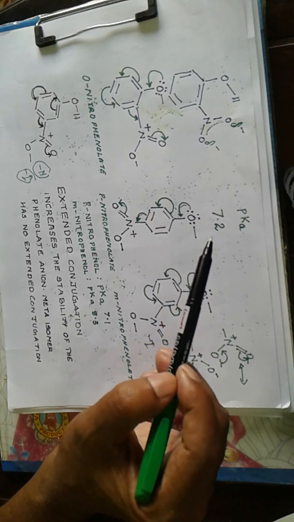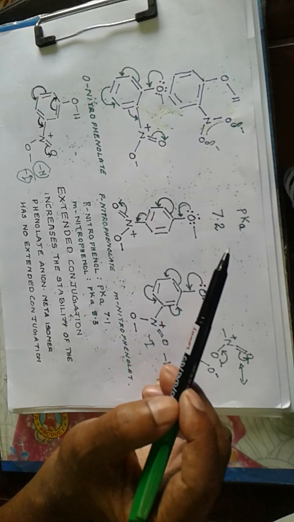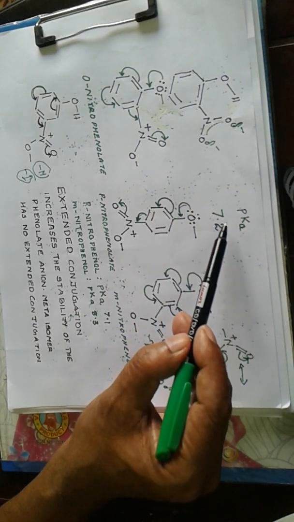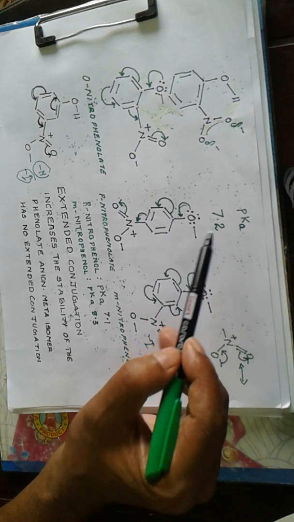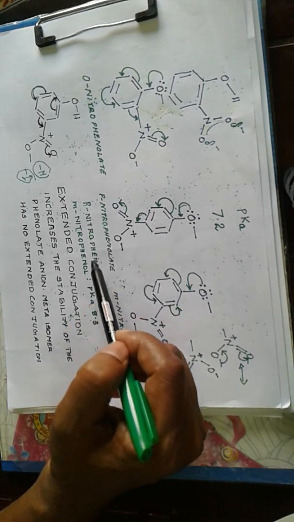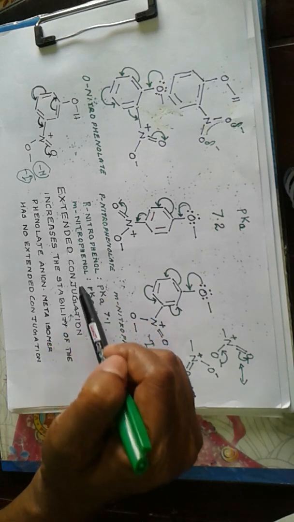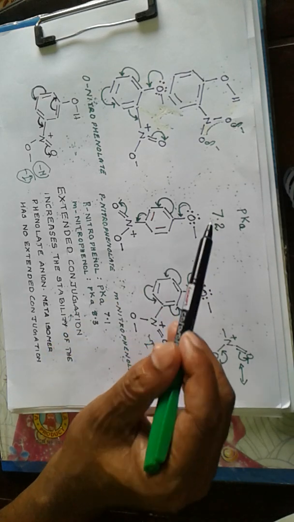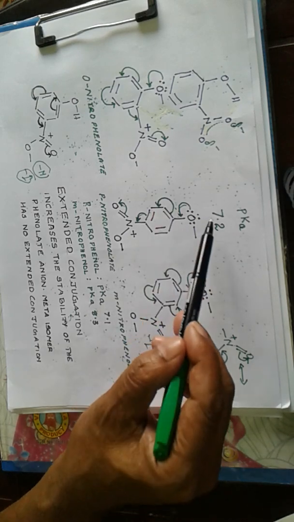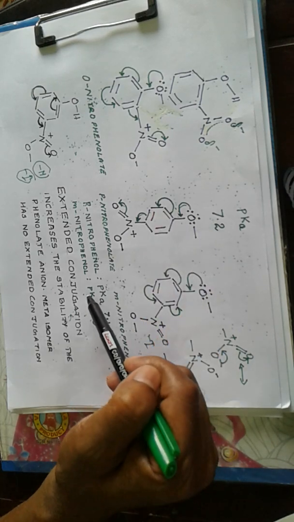Why? Because the phenolate anion is stabilized by resonance. Now we can say the pK value of ortho-nitrophenol is 7.2, para-nitrophenol is 7.1 and meta-nitrophenol is 8.3. So as pK value increases, acidity decreases.